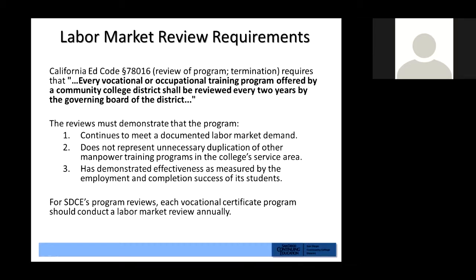These reviews need to demonstrate that the program 1, continues to meet a documented labor market demand, 2, does not represent unnecessary duplication of other training programs in the service area, and 3, has demonstrated effectiveness as measured by the employment and completion success of its students.